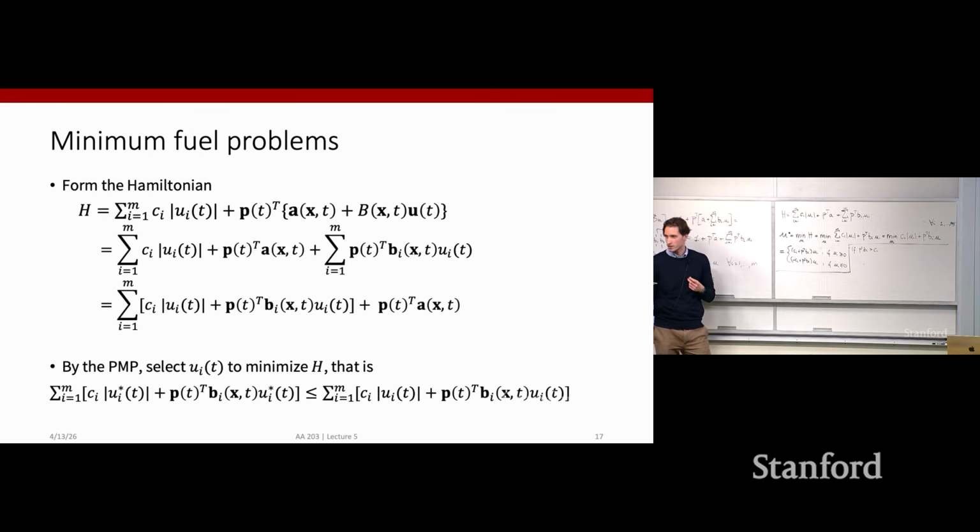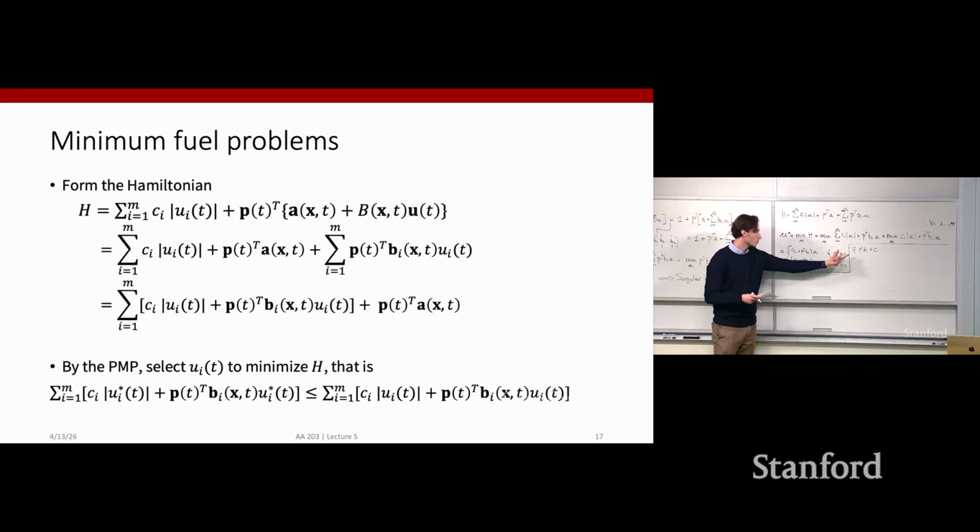Sorry, I think I heard a 0. Yes, which is correct. So indeed, it is 0. And so in the case where P transpose Bi is greater than Ci, this is greater than 0, which means that in this case I would pick Ui equals 0.